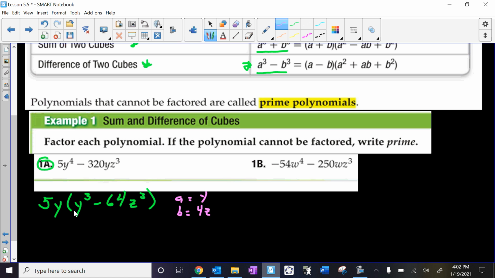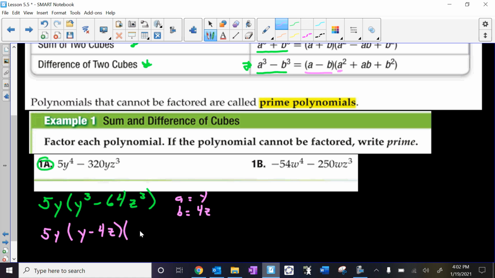So when I factor just inside this parentheses, I'm going to have 5y. In my first set of parentheses, I want a minus b. That's from up here. So a minus b would get us y minus 4z. Next set of parentheses, we need a squared.